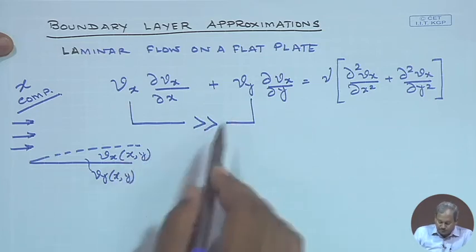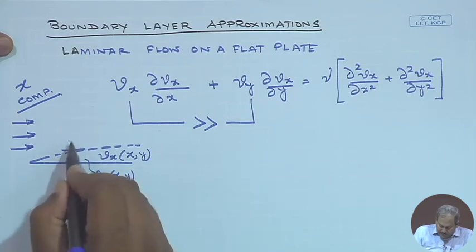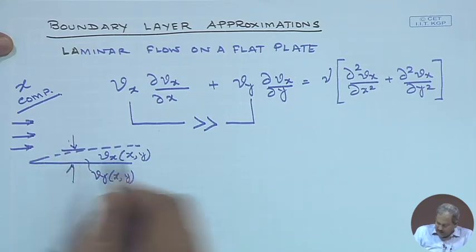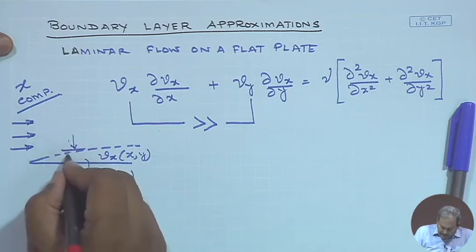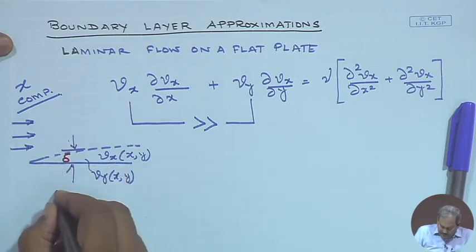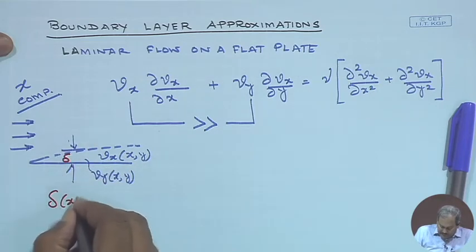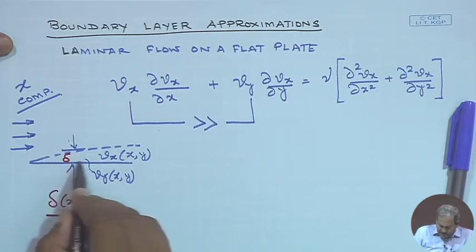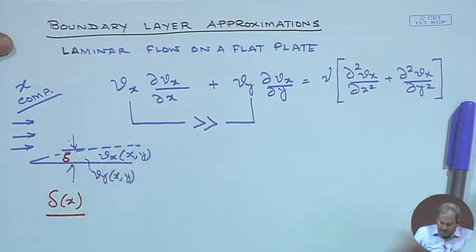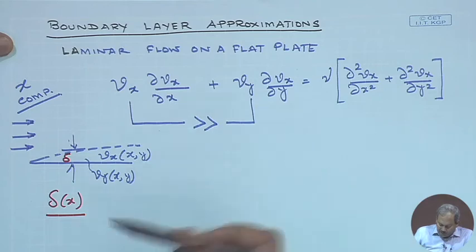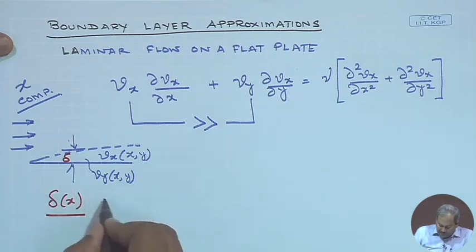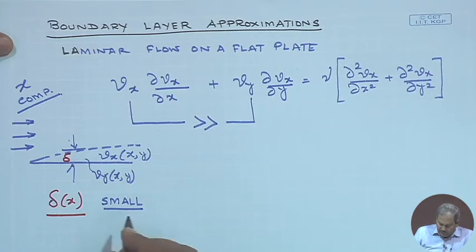than Vy. But the boundary layer thickness at any point is delta, and we understand that this delta is a function of x. As x increases, delta keeps on increasing. However, the value of delta is quite small; the thickness of the boundary layer is generally small.